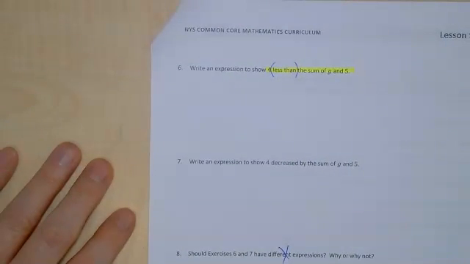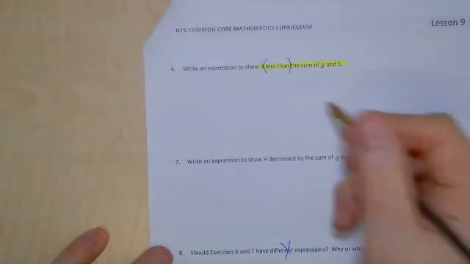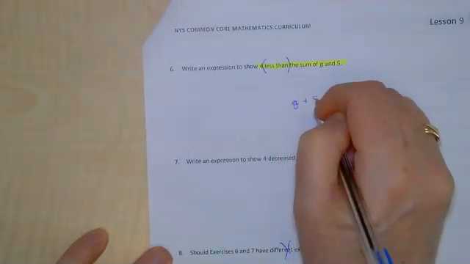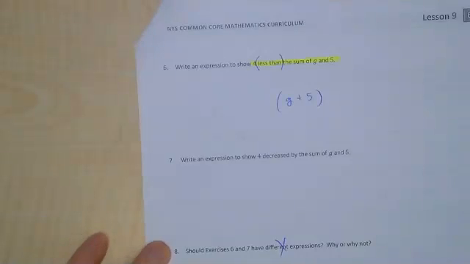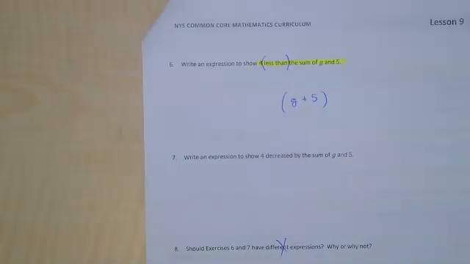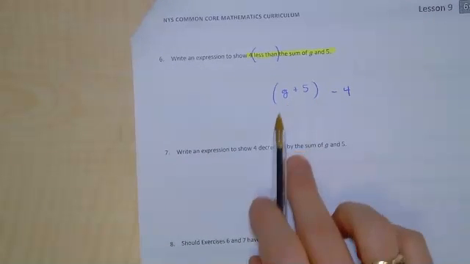But remember what we said when they throw that less than thing in there, Dominic, what happens? You have to put parentheses in between the G and the 5. Yep, so we know the sum of G and 5 has to have that. And I want to know what's 4 less than that. So where does the minus 4 go? In the front or in the back? Taylor? Yeah. It does. 4 less than that.